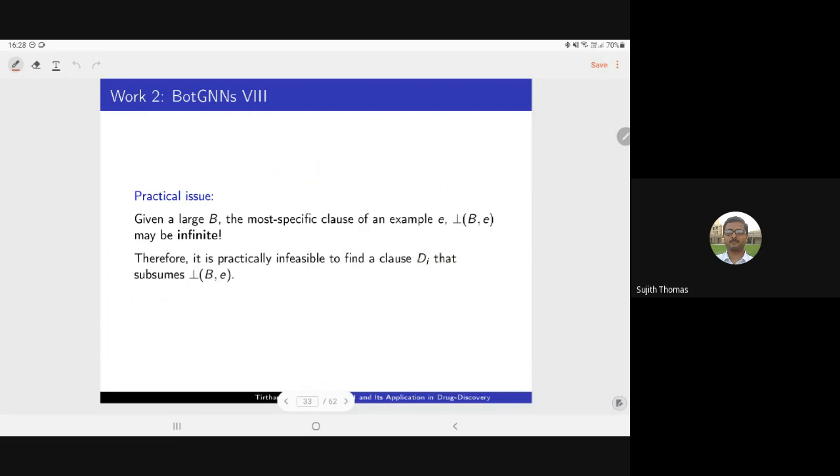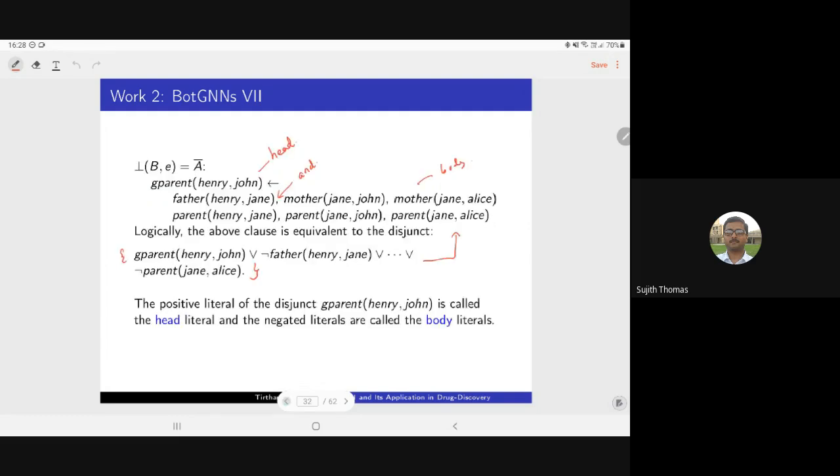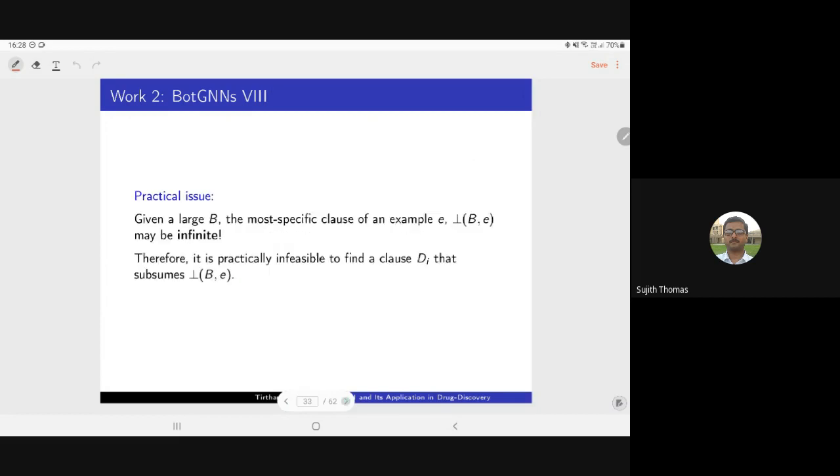Now, the practical issue is that given a very large background knowledge, this most specific clause, as we call it for this particular example, could be very long, even infinitely long. So it's sometimes practically infeasible to find a clause D that subsumes the bottom clause.